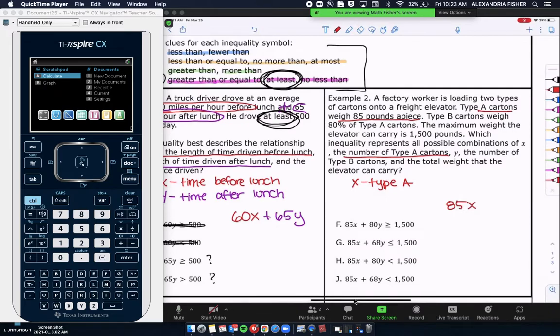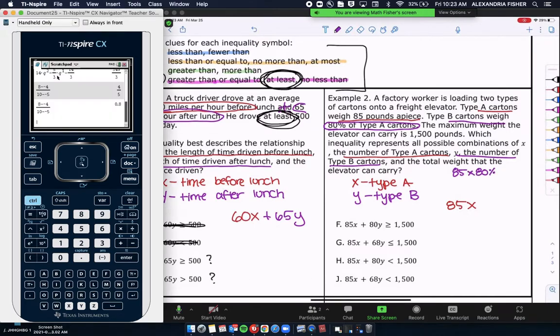And then let's look at y, type B cartons, so y is type B. Type B weigh 80% of type A. So we need to take 85 times 80%. Okay, so we're going to go to our calculator.